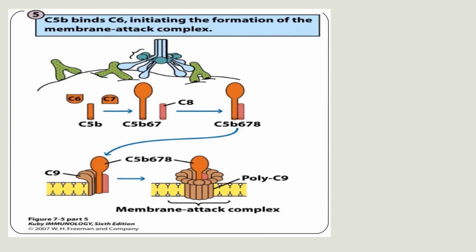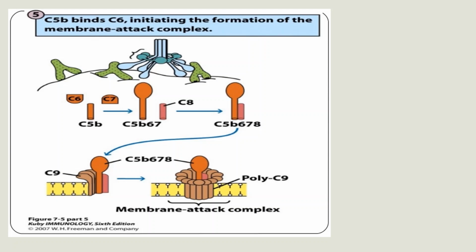C5 convertase hydrolyzes C5 into C5a and C5b. C5a will diffuse away, and C5b can bind to the surface of the target cell or the bacterial cell. And this C5b binds C6 and initiates the formation of the membrane attack complex.